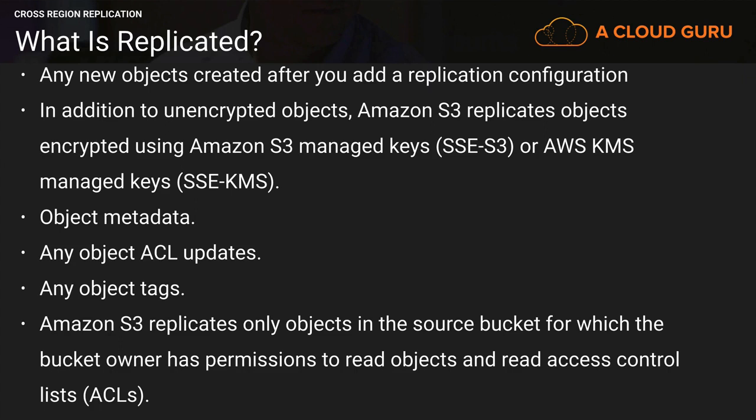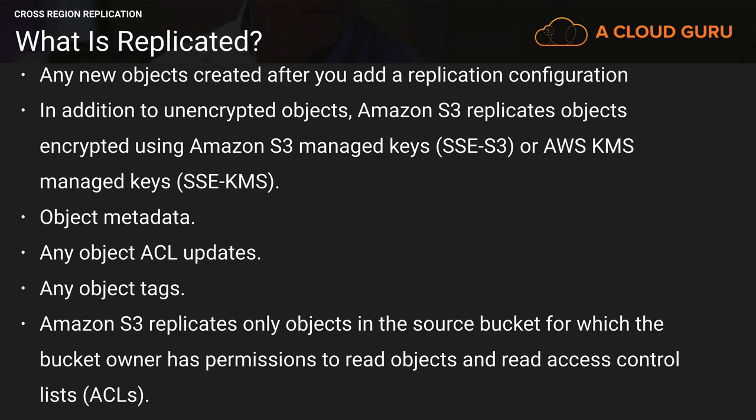Now the documentation here is actually quite interesting. It seems to sort of contradict itself. So Amazon S3 replicates objects encrypted using the S3 managed keys. So this is when you basically upload to S3 and you say, I want to encrypt the object using AES 256. Basically, AWS will just use the S3 key to encrypt that. That's fine.